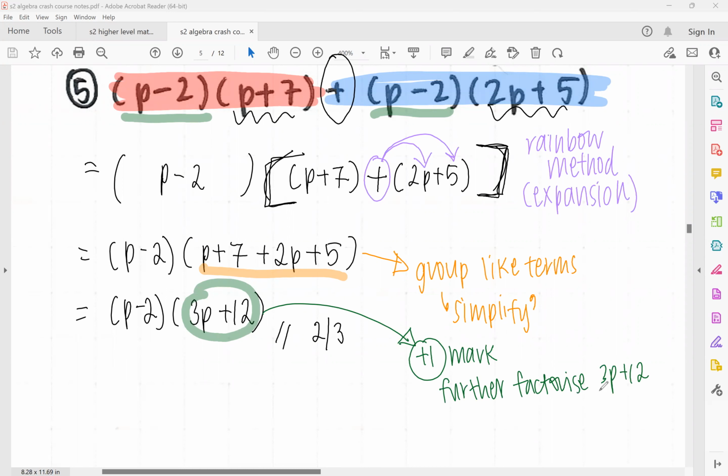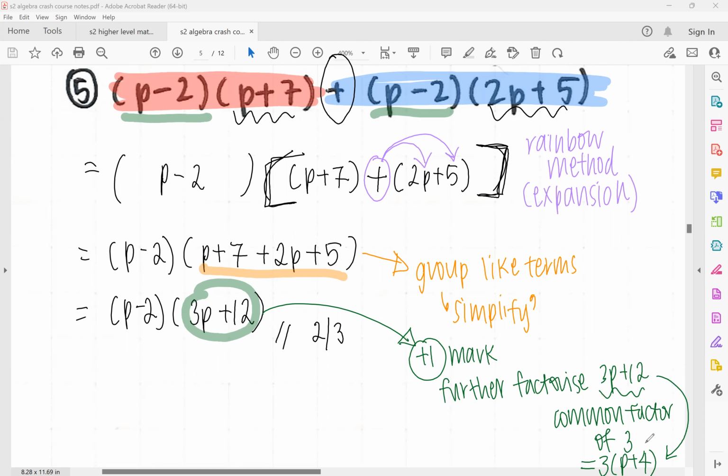A common factor of who? Yes. Understand? So guys, it is a common factor of 3. That means that 3p plus 12, if I factorize out, will give me 3 bracket p plus 4 close bracket.